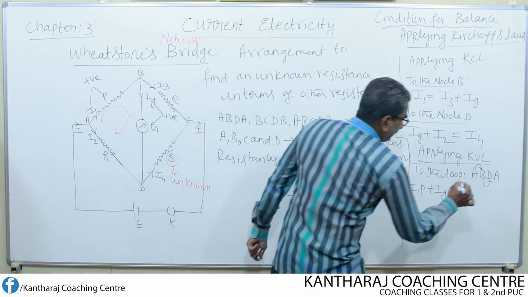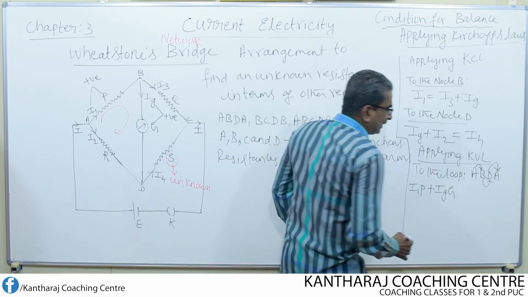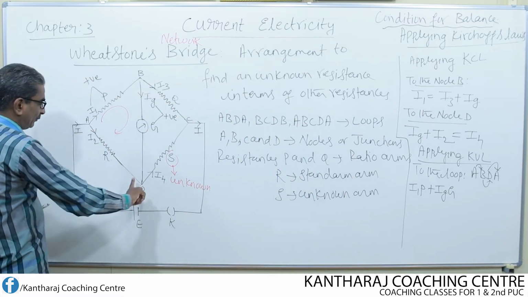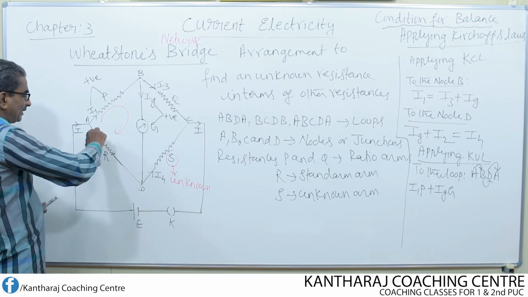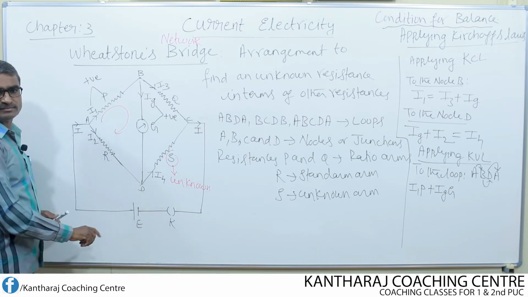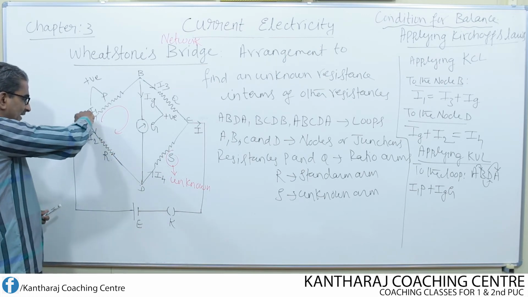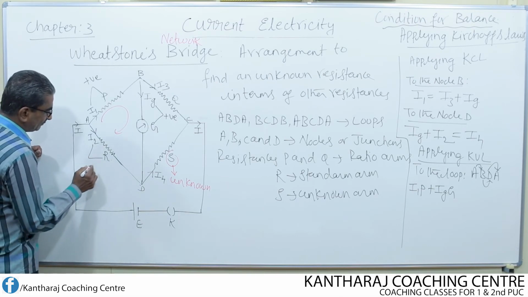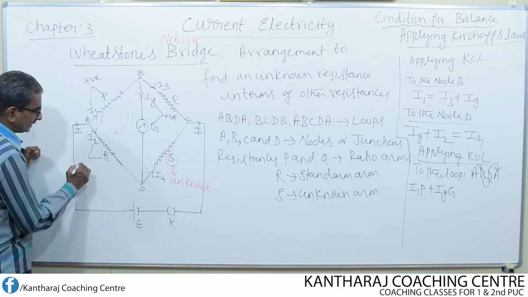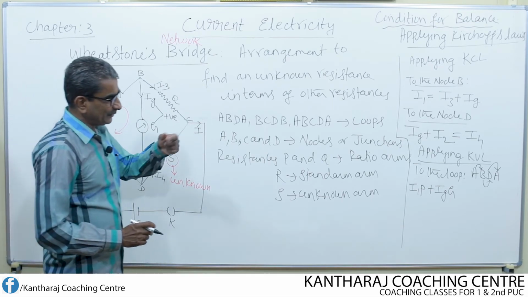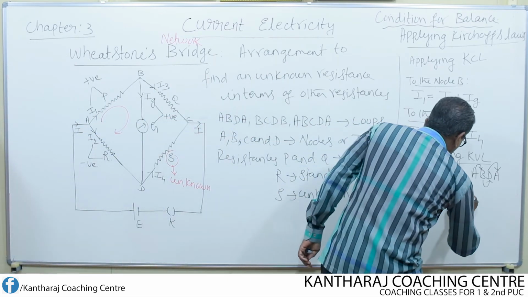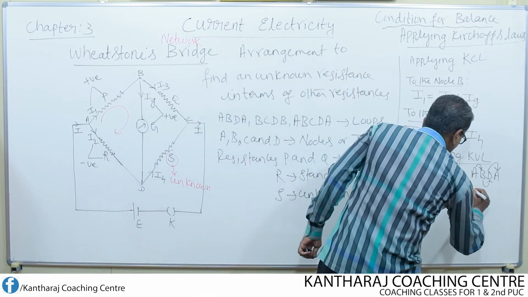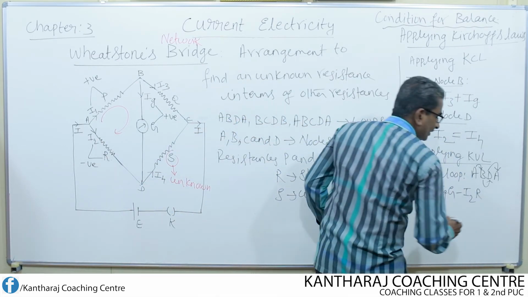Then, I move from D finally to point A. That means from D to A, I move like this. I am traveling upwards whereas current is flowing downwards. Therefore, the product of current and resistance of this branch AD is negative. Therefore, I write this as minus I2 into R.